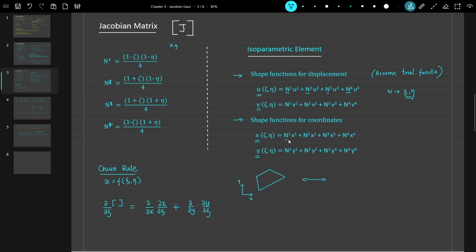We see n1, n2, n3, n4 are shape functions in zeta eta. So this is basically a coordinate mapping or transformation from xy to zeta eta, because we have the relation between xy and zeta eta here.